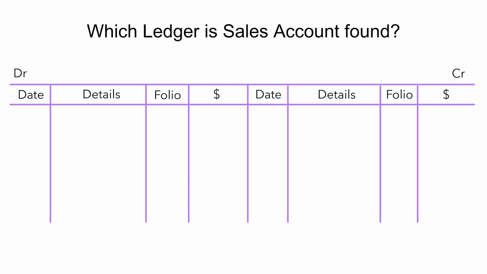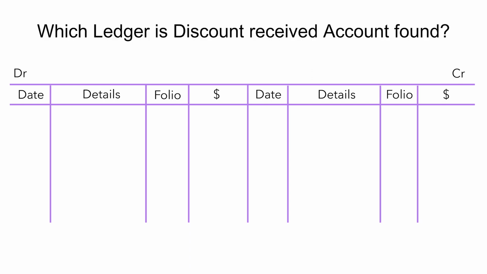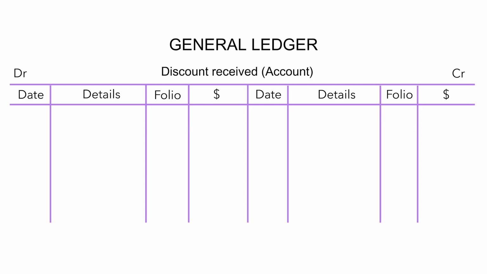Which ledger is sales account found? General ledger. Which ledger is discount received account found? General ledger.